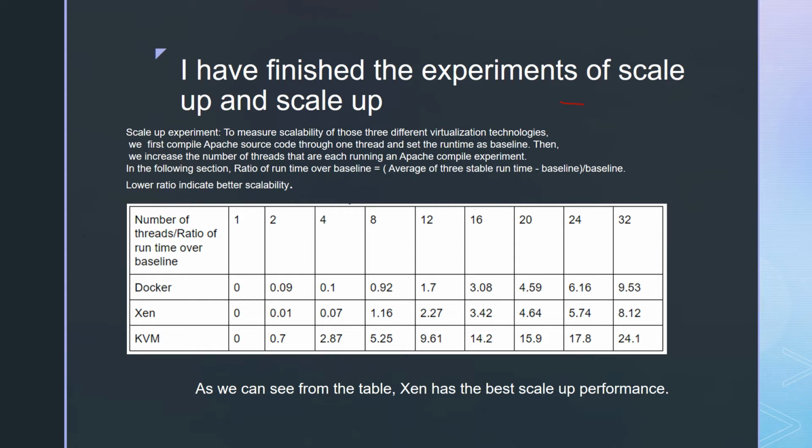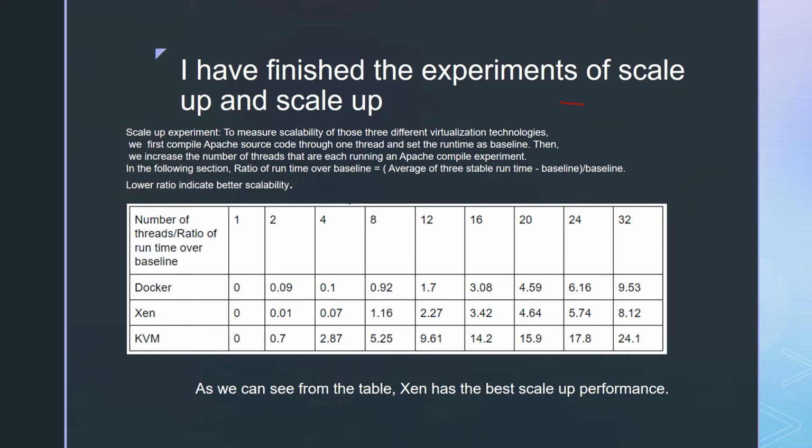For the scale up experiment, to measure the ability of 3 different virtualization technologies, we first compiled Apache source code with one thread and set the runtime as baseline. Then we increased the number of threads running the Apache compile experiment. In the following section, the ratio of runtime over baseline will be calculated.